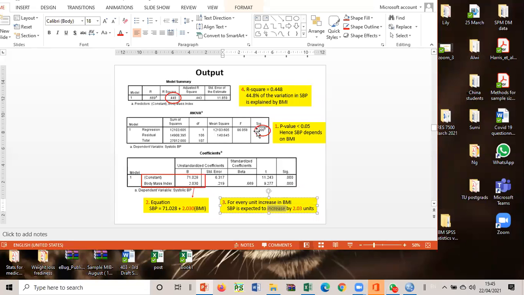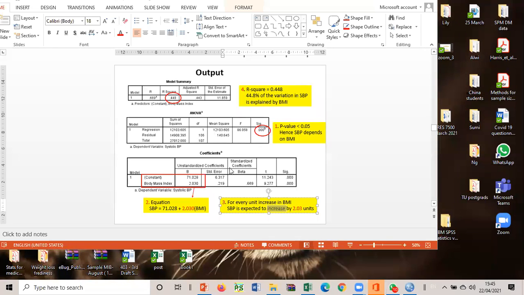We check the p-value. Is it less than 0.05? Yes. That means BP depends on BMI. BP depends on BMI means what? Slope zero or non-zero? Non-zero.